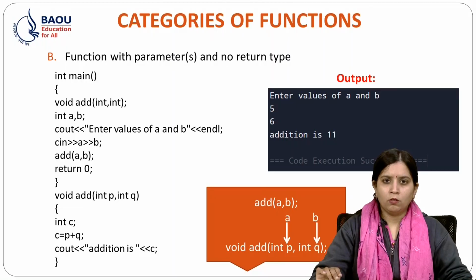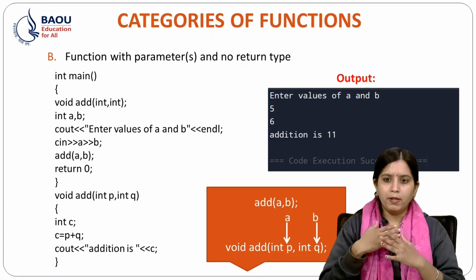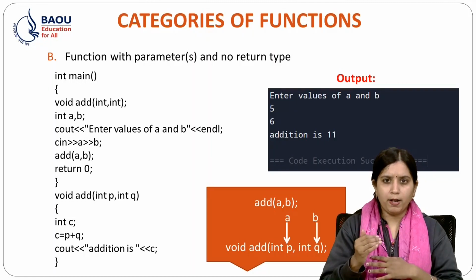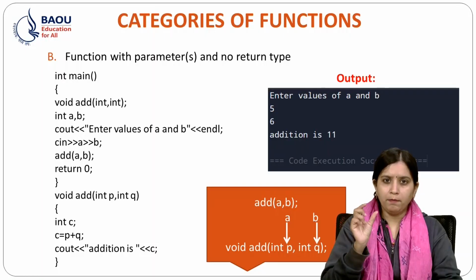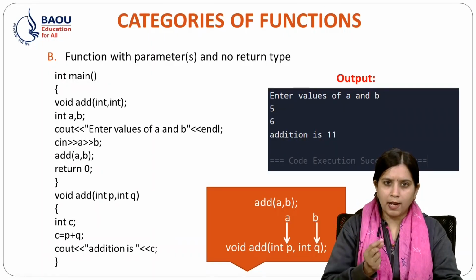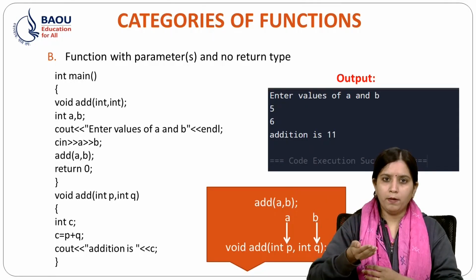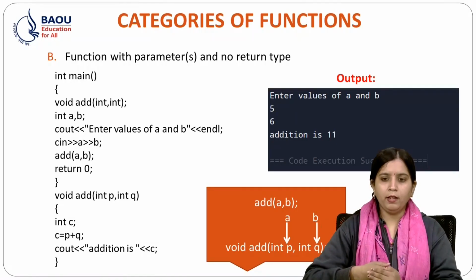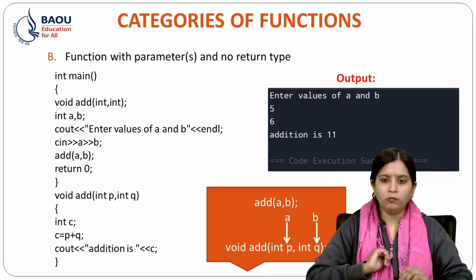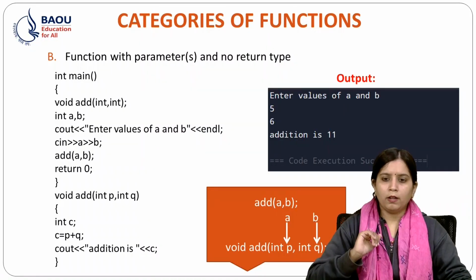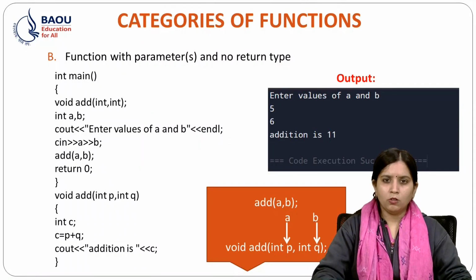When the function call add a and b is executing inside main, then the control goes to the void add and it copies a and b into p and q.